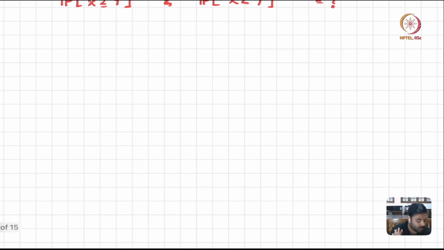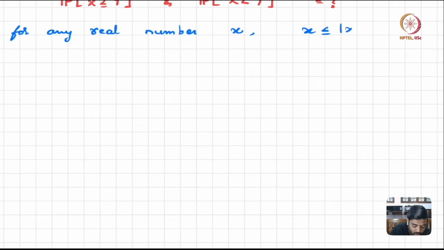For any real number x, whenever I say number, throughout the course, unless specified, we are dealing with real numbers. For any real number x, x is always less than or equal to mod of x for sure, right?